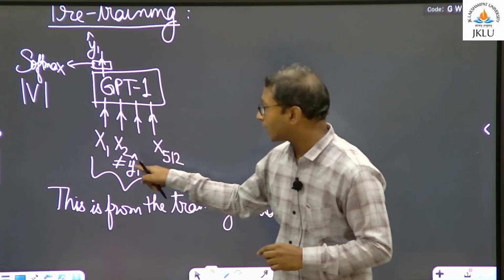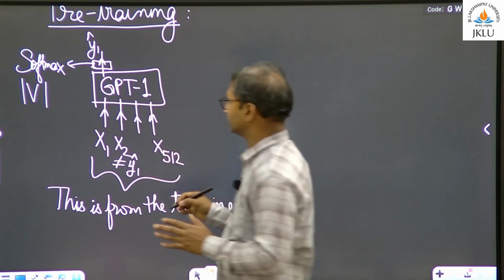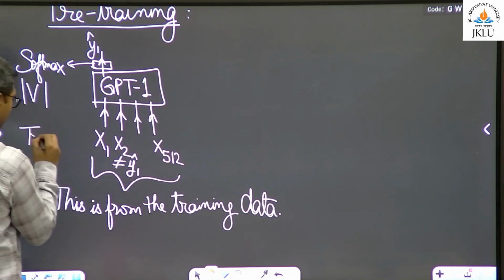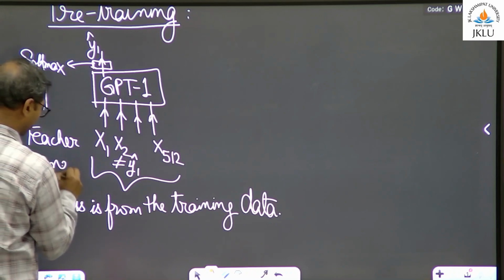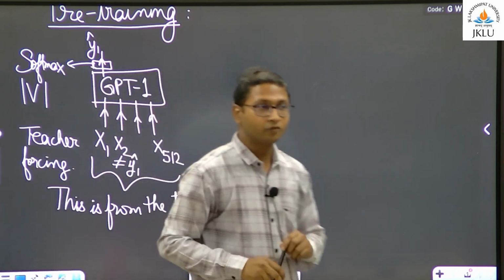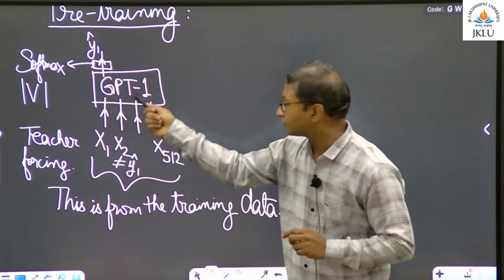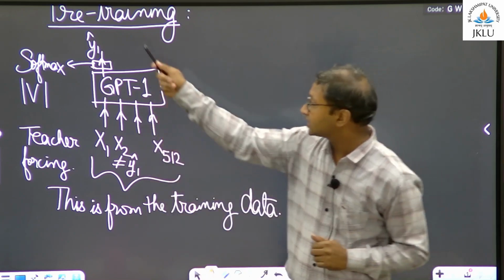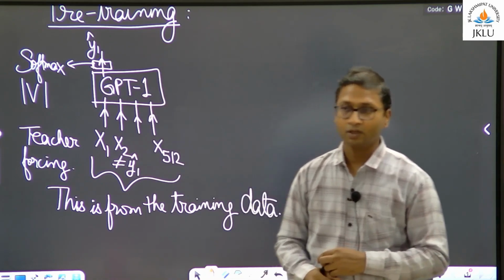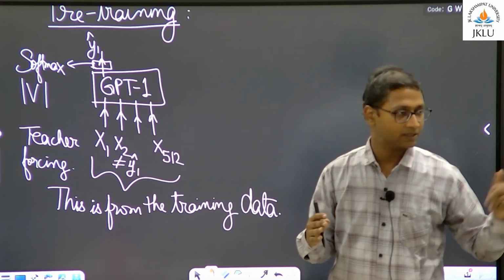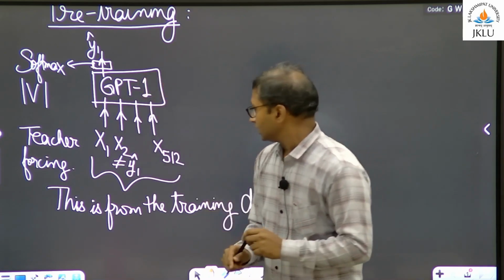And this method is called what? Even though your network has predicted something, you don't use that for the next output, because you know this guy was garbage and this will only propagate garbage. Okay? So this will only delay my learning, nothing else. Eventually the network will be able to figure out, but that will only delay my learning.